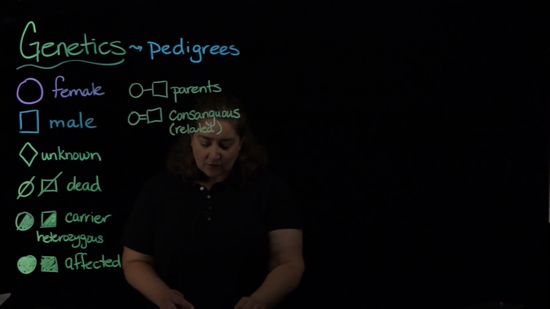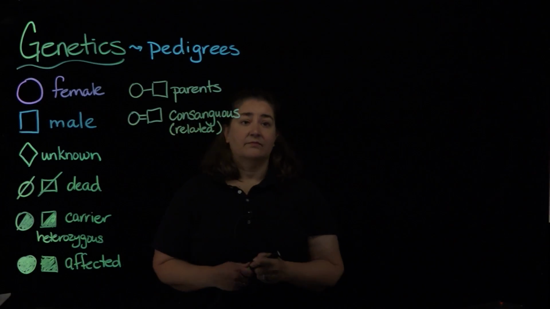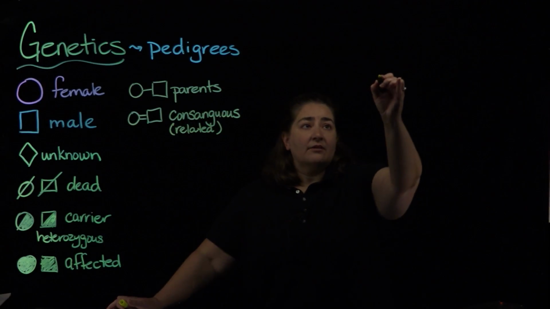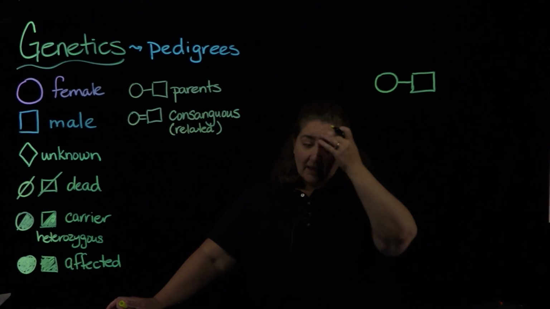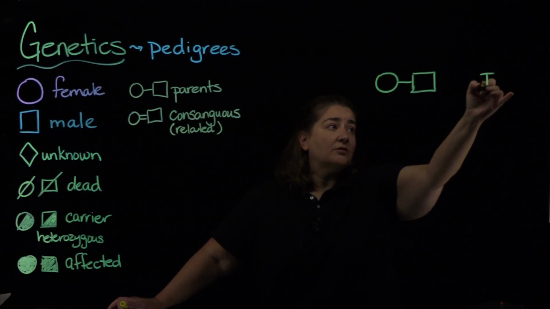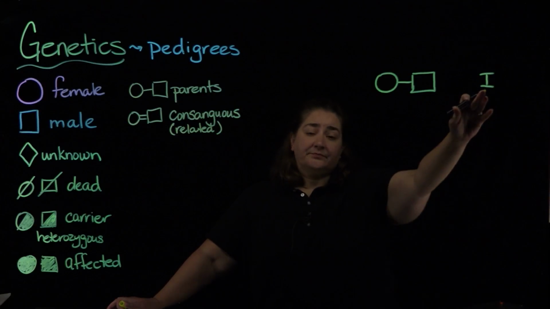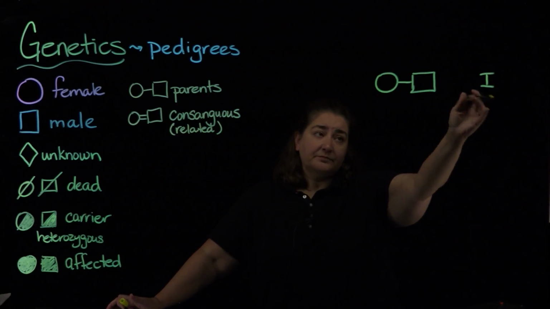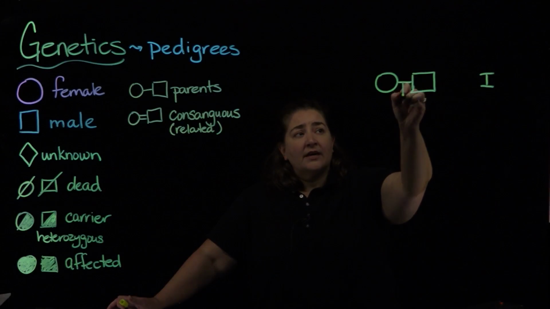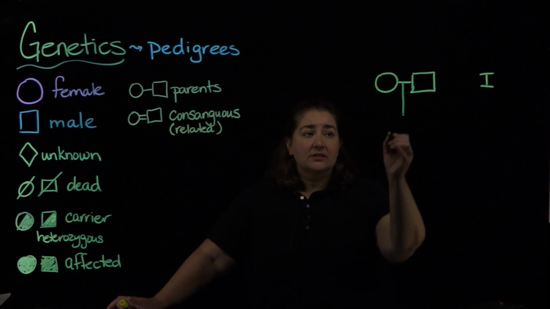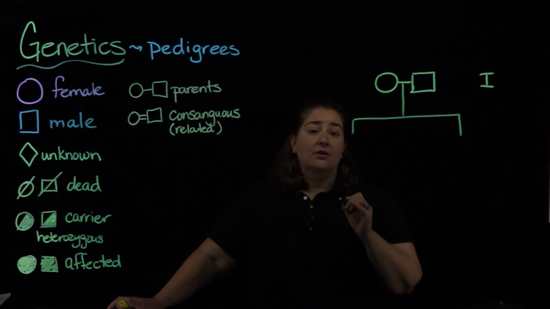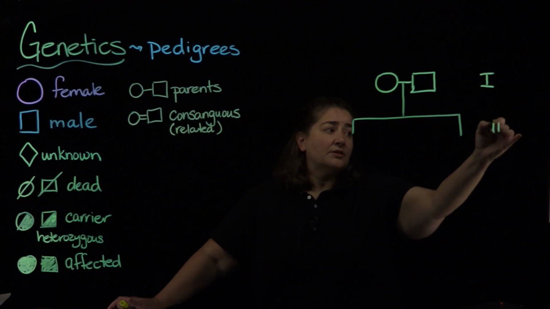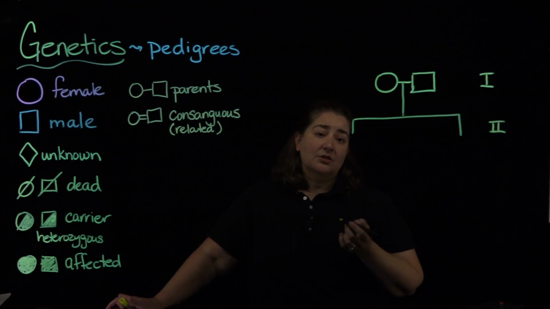So when building a pedigree, you're going to start out obviously following parents, and typically with pedigrees, we'll label that with a Roman numeral 1. When we have a line that comes down from those parents, that is then going to be indicative of their offspring. So this would be our next generation, generation 2.